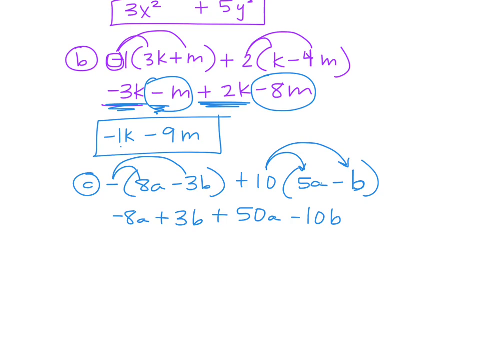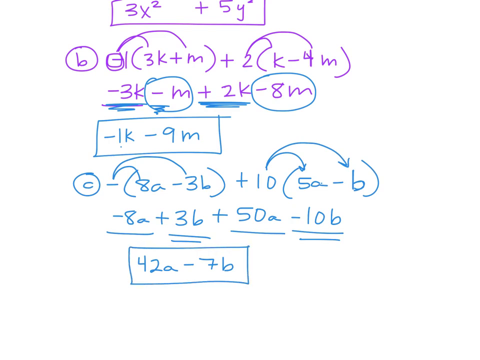Okay, so then from there, combine your like terms. You have a's and you have b's. Right, so negative 8a plus 50a is 42a. And then what? Minus 7b. 3b minus 10b, so negative 7b. And that would be your answer.